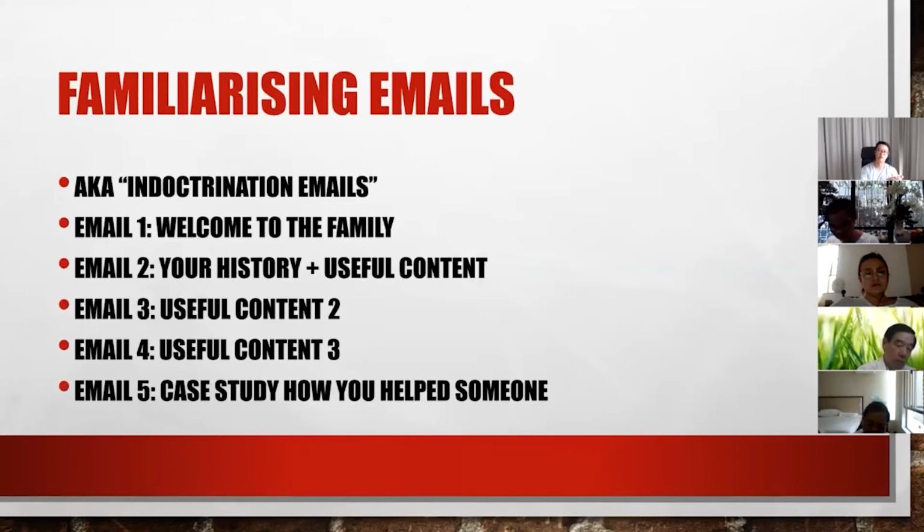In email 4, you give out a third piece of useful content, which normally is a blog post that we've written before. And email 5 may be a case study of how you helped someone that is likely to be in their position. So you're doing a bit of soft selling in email 5, but the previous 4 emails are just pretty much being useful. These emails are getting sent out automatically.